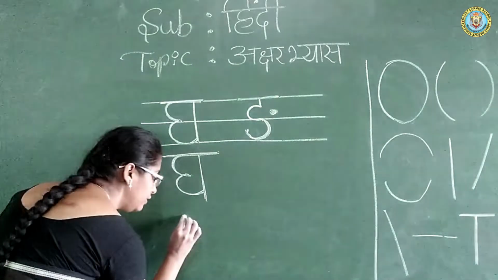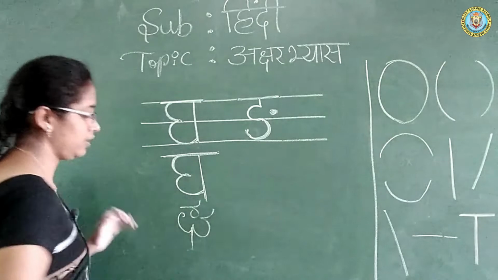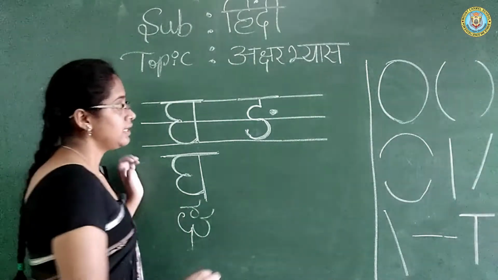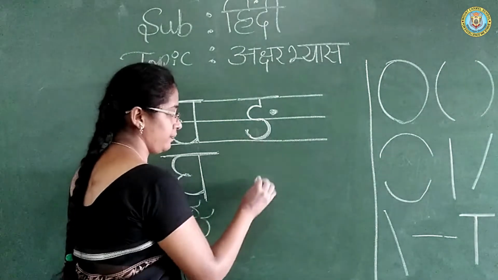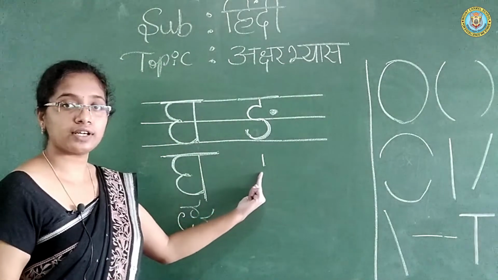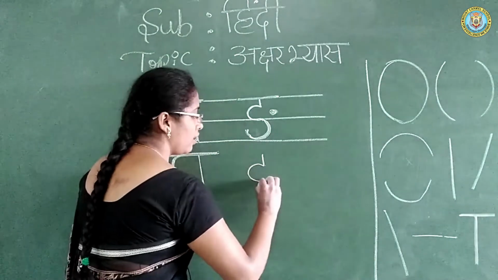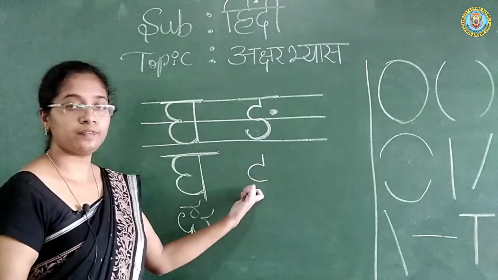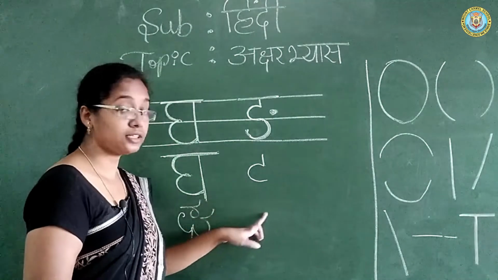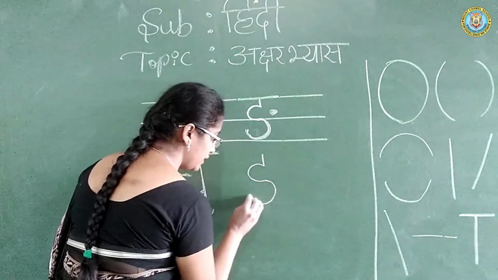In Kannada, gha. Okay, next is nya. Put one small standing stroke right here, and a left curve, and the right curve should be bigger. Okay, like this.